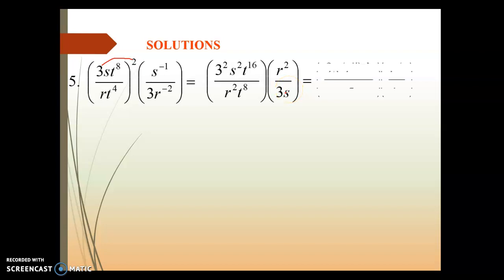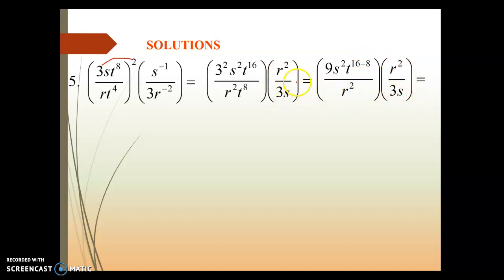Next, you subtract what's common here, the t, right? Why is it 9 this time? Remember, we squared it already, right? So 9, then s squared, t, 16 minus 8, because t to the 16, and then over here t to the 8. So you subtract the exponent, and then all over r squared, all over 3s.